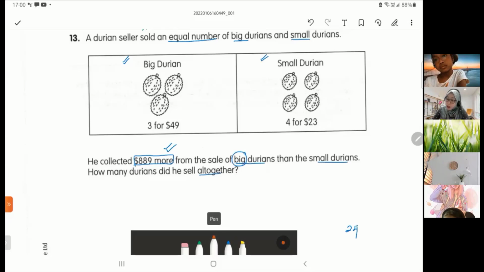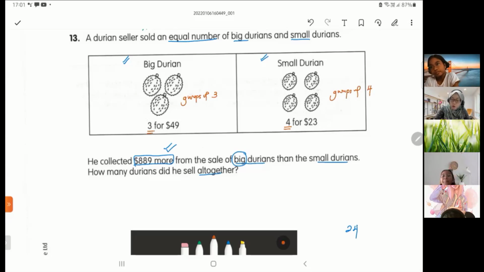Okay, so in this question, we are given 3 for $49, 4 for $23. If you notice this, these are sold in groups of 3 and groups of 4. What does this mean?